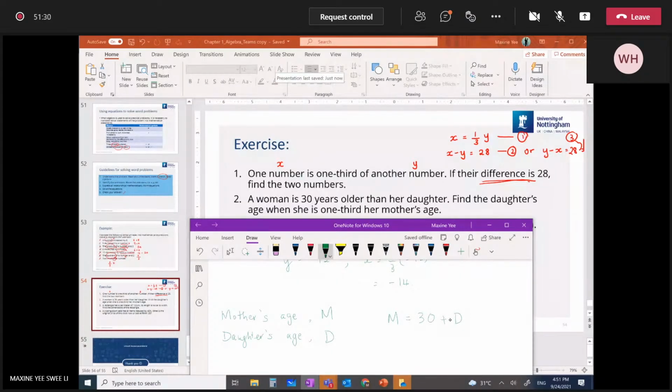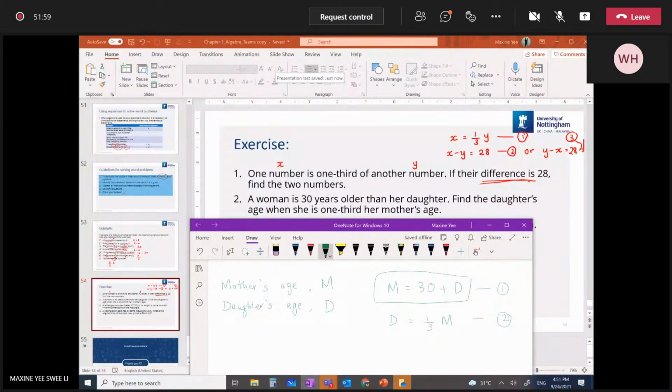So you will write this first equation, equation number 1. Then, find the daughter's age when she is 1/3 of her mother's age. So if the daughter is 1/3 of the mother's age, this is our equation number 2.